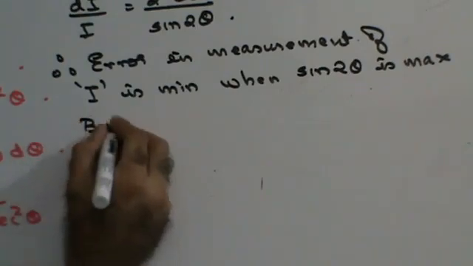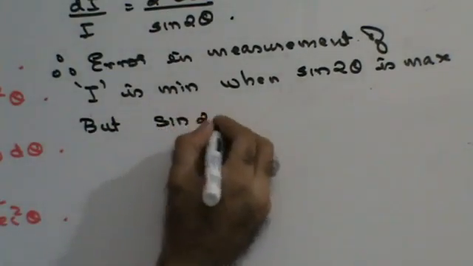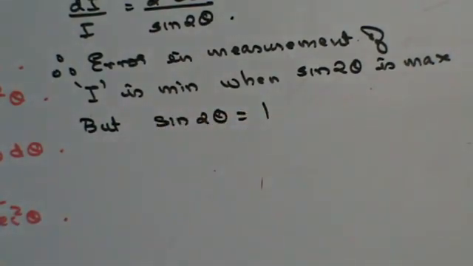So di by I will be minimum when sin 2 theta will be maximum, but the maximum value that the sine function can take is 1, right?